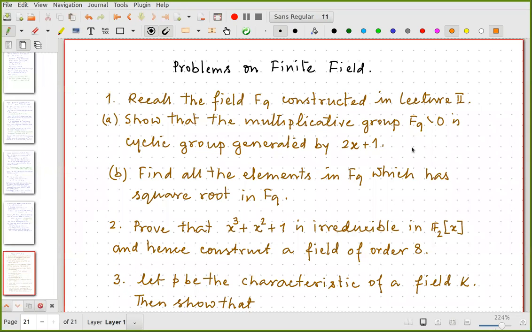Since it is just direct checking, raising these to various powers, I'm not doing that. We have more interesting things to discuss. But if you have difficulty checking that, please let me know. We'll do it as well.